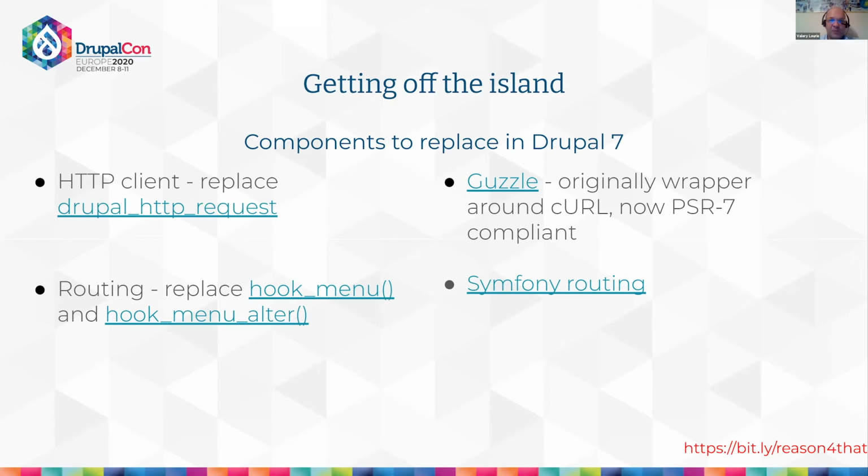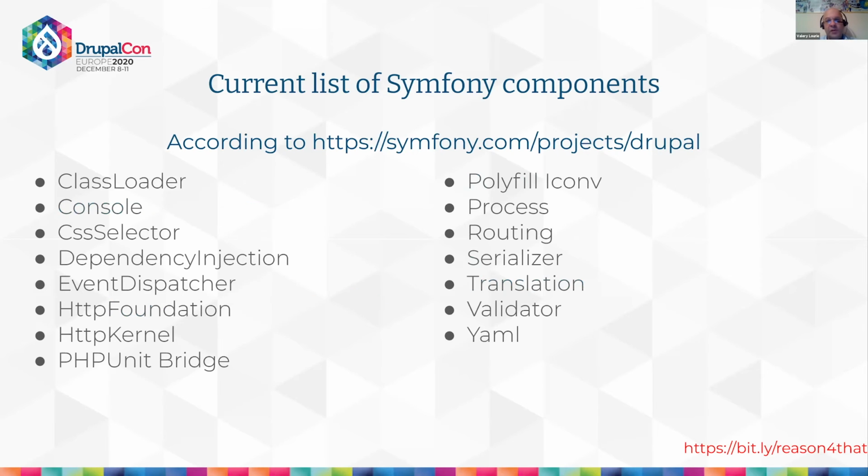And both these components use Guzzle as the transport layer. So it started with only two components, and now the list, as you can see, is much longer, and the influence of Symfony on the Drupal project is quite big.